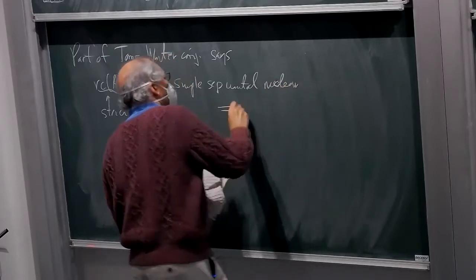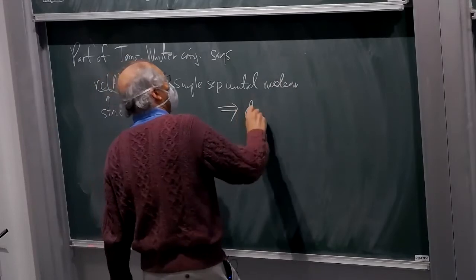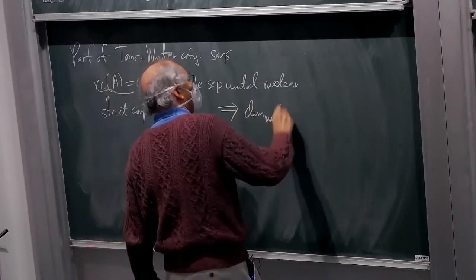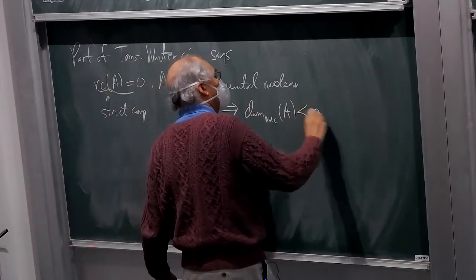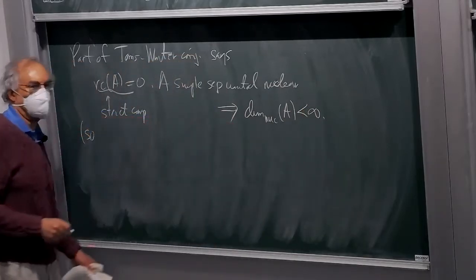This implies that A has finite nuclear dimension, and so is classifiable in the sense of the Elliott program.